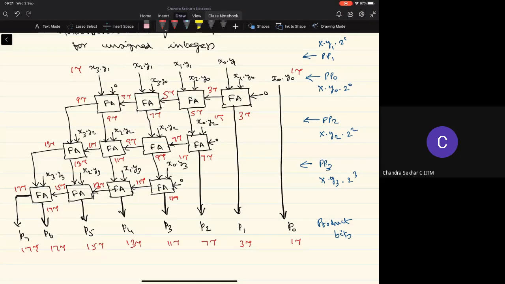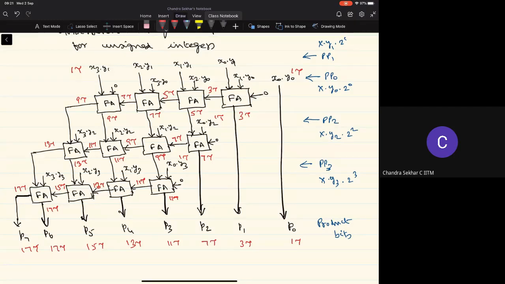The number of rows of full adders here is 3, right? And for an n-bit multiplier, it will be n minus 1. So there are n minus 1 rows, or n minus 1 levels, of full adders, and in each level there are n full adders, right?